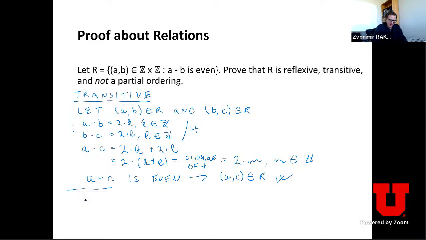A simple one that I found was the pairs (4, 2) and (2, 4). So both of these belong to R. However, 4 is not equal to 2. And hence it is not antisymmetric.